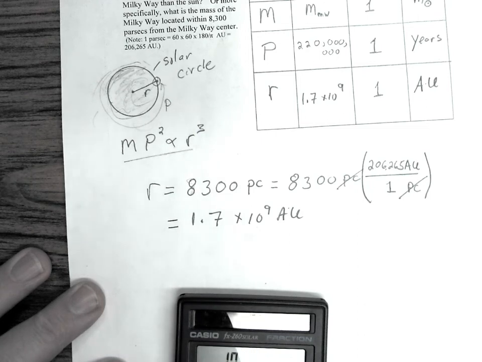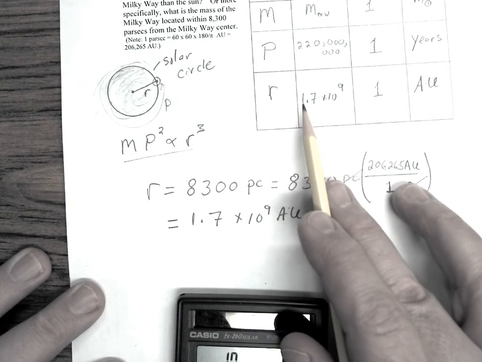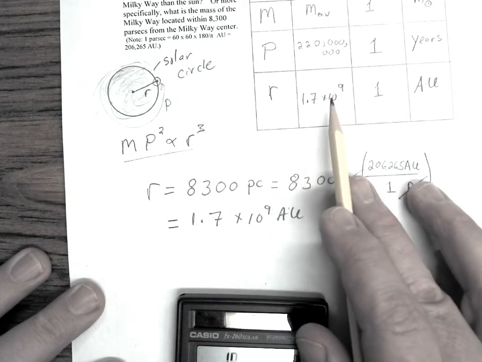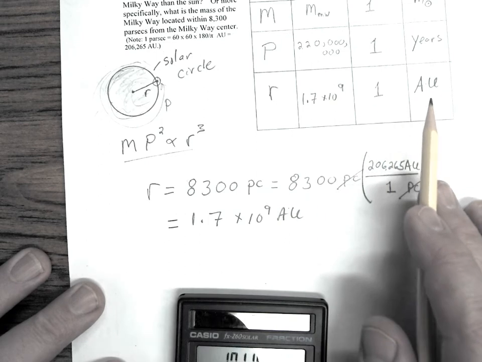So, now that we've done that, we can fill in our table with 1.7 times 10 to the ninth, or 1.7 billion AUs here and 1 AU there.